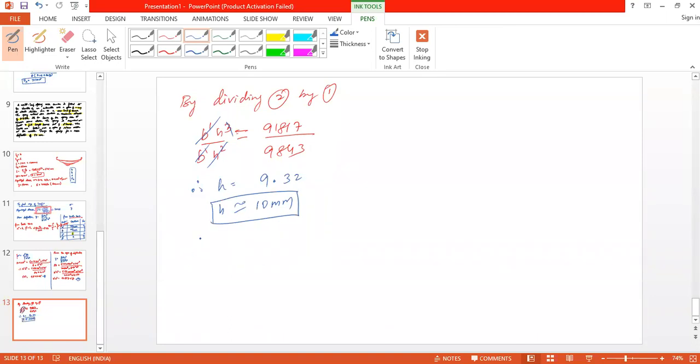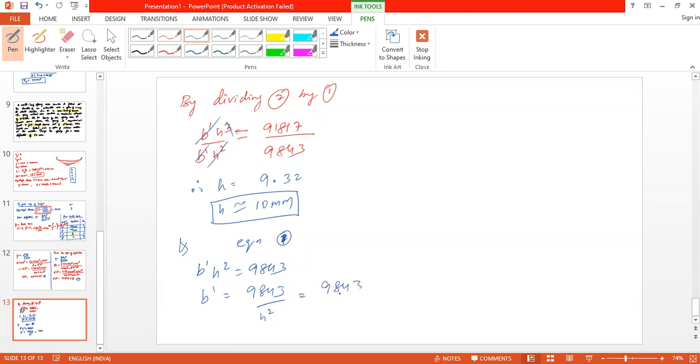So we can take h as 10 mm, and from equation 1, b dash h square is equal to 9843, or b dash is equal to 9843 by h square.